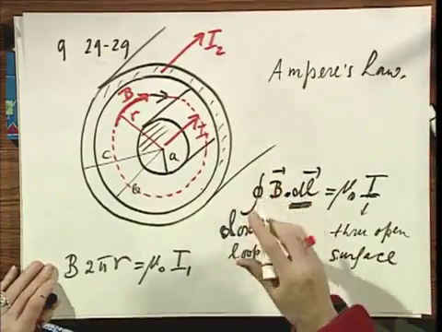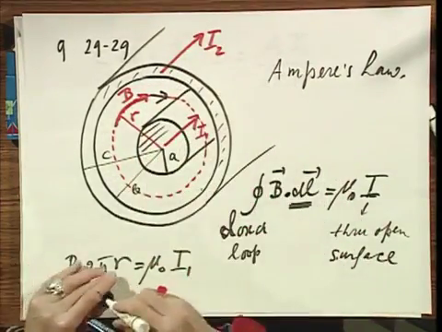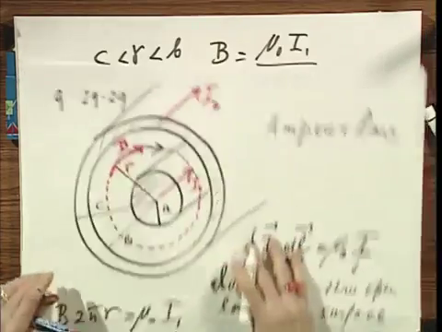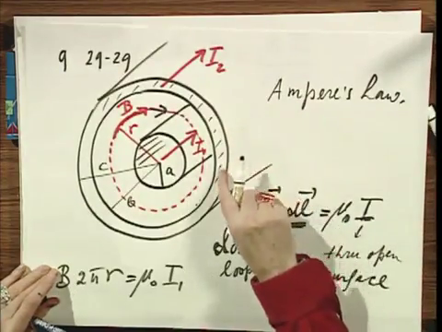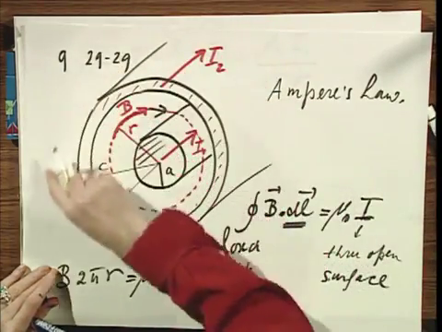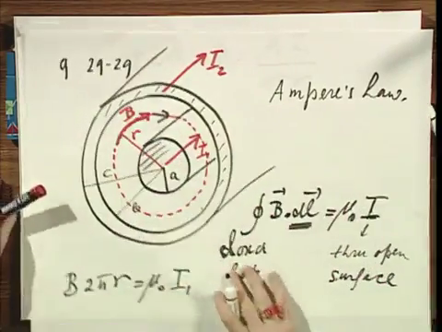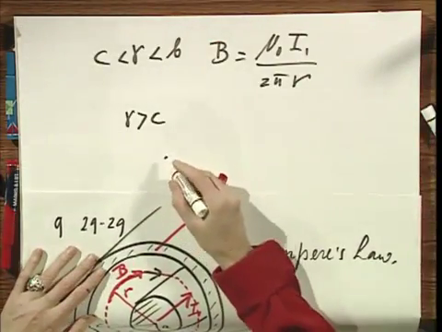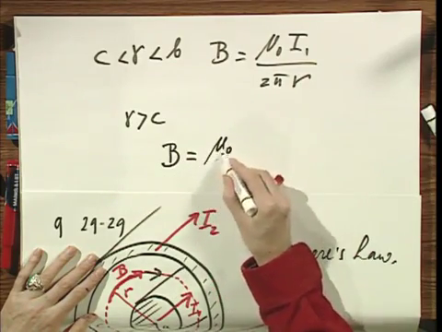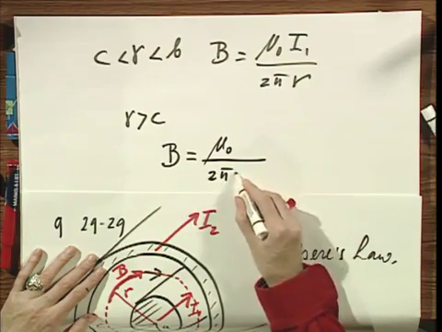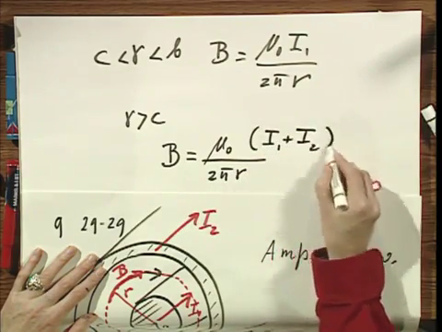If, however, I have also a current I2 flowing in the same direction as I1, and I want to know now what the magnetic field is larger than C, outside here, again I make a circular loop and I go through exactly the same exercise of Ampere's law, and now, no surprise, I will find that B equals mu 0 divided by 2 pi r, but now I have here I1 plus I2.